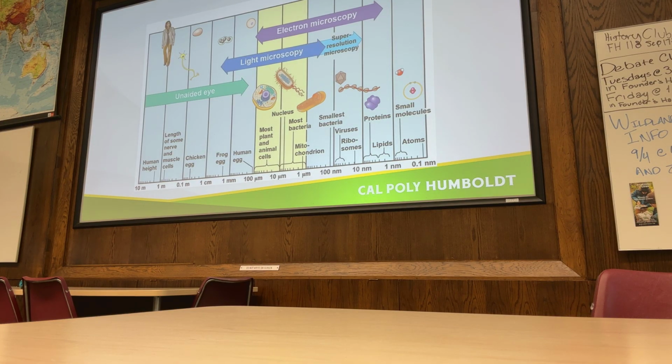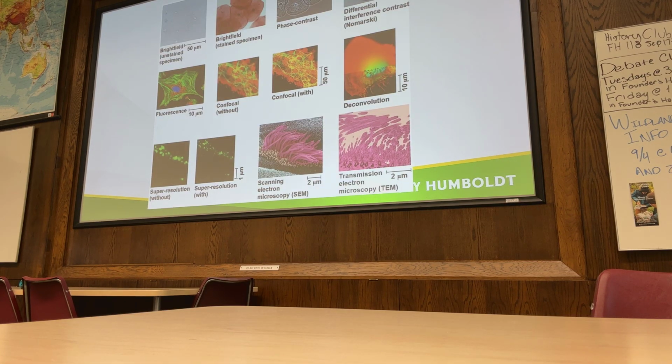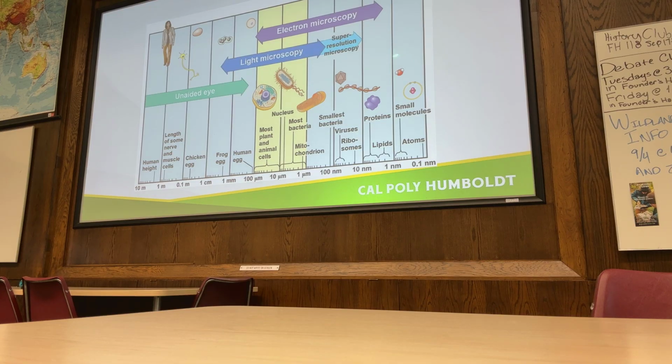How small can we get with the different types of microscopy? You can see some cells with the unaided eye, especially egg cells because they're really big, okay? You need light microscopy to see subcellular structures, super resolution microscopy, which is this sort of stuff, okay? You can get to higher resolutions and maybe even see bacteria, viruses, ribosomes, which are organelles. With electron microscopy, you can only see actual proteins.